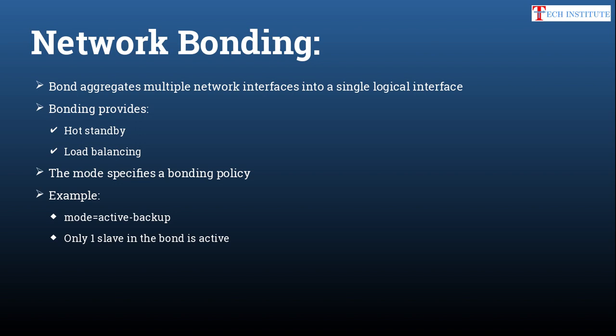So each NIC card is one slave for your bond device. In active backup, one will be active, the rest of them will be passive, and a different slave only comes into the picture when the active one goes down or fails. Until the current active one fails, your other slaves will not work as the active one.